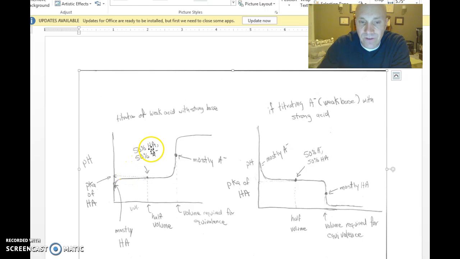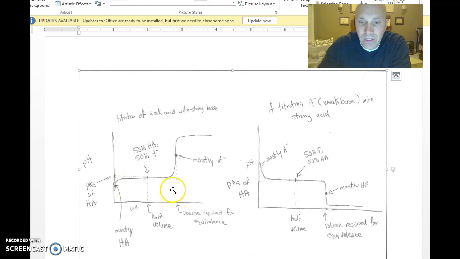In other words, 50% would exist in the acid form and 50% in the conjugate base form. What's important about that is at that half volume, if you go over to your pH curve, that pH will be the pKa of whatever your acid was, your HA. So that's the form that we're more used to.